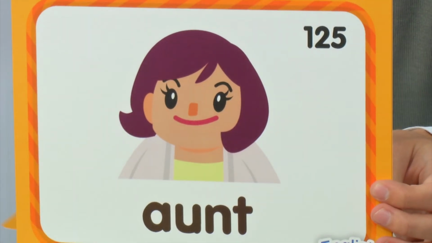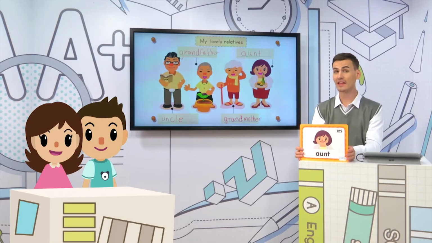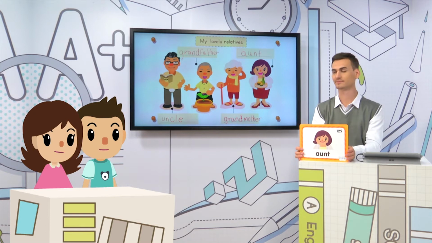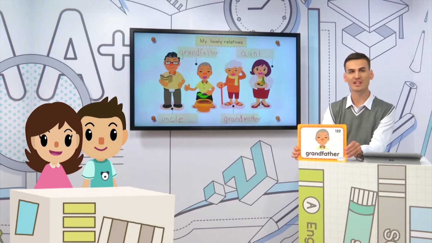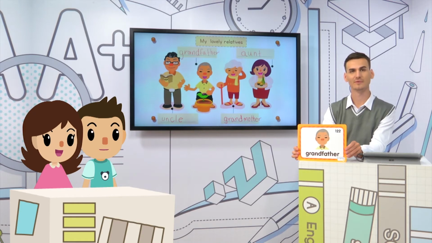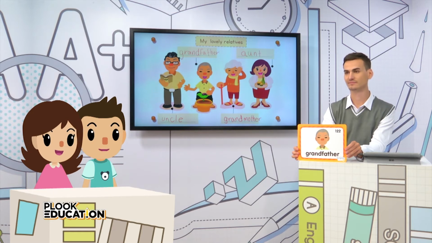Aunt. Perfect. And the last one, grandfather. Grand. Father. Perfect. Remember, spelling is really important, so you and your friends should practice spelling together.